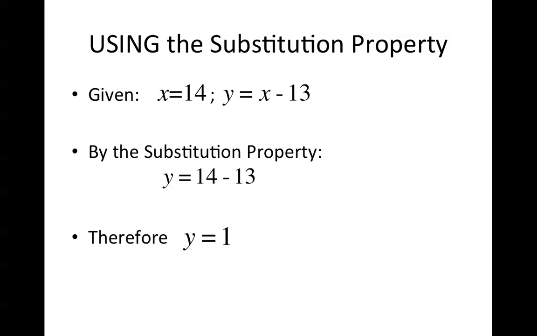So to use the substitution property, we rewrite this equation using 14 in place of x. And now we can simplify this side, 14 minus 13, and reveal that y is equal to 1. All of those are ways that we can use the properties to solve equations.